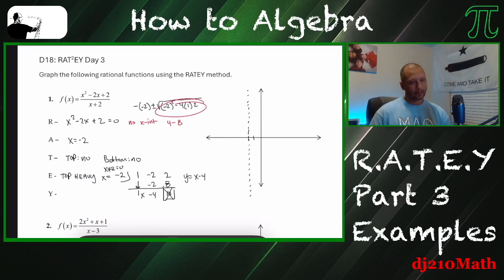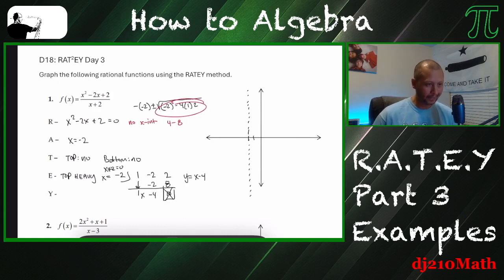So in a balanced situation, when the degrees match, numerator and denominator, you take the ratio of the coefficients. In a bottom-heavy situation, the horizontal asymptote is y equals 0.